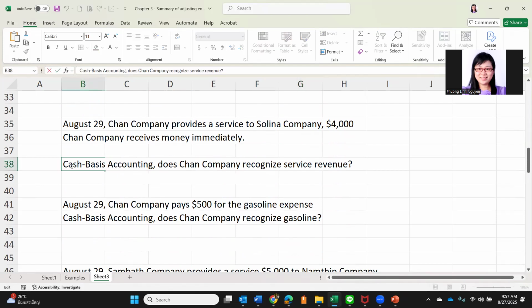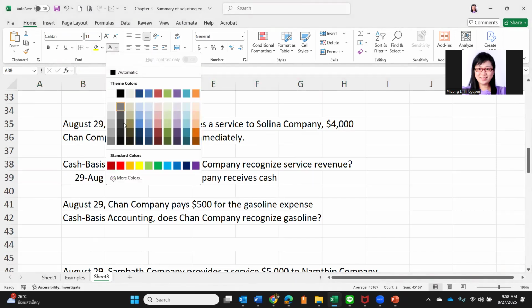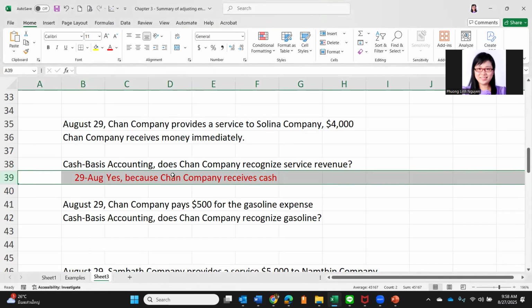Now, because Chan Company uses cash basis accounting, we recognize revenue when we receive the money. And Chan already received the money. So in that case, we have to record the revenues because Chan already got the money.